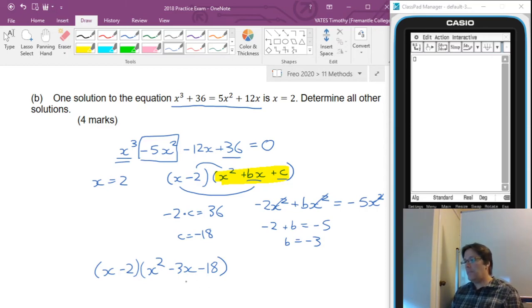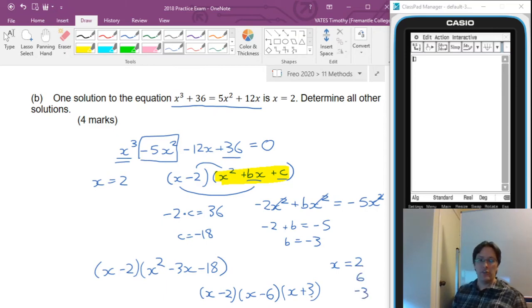That will be -6 and 3. So that will factorize to (x take 2)(x take 6)(x plus 3). Or to solve it, x equals 2, 6, or -3. So those are our three solutions for that.